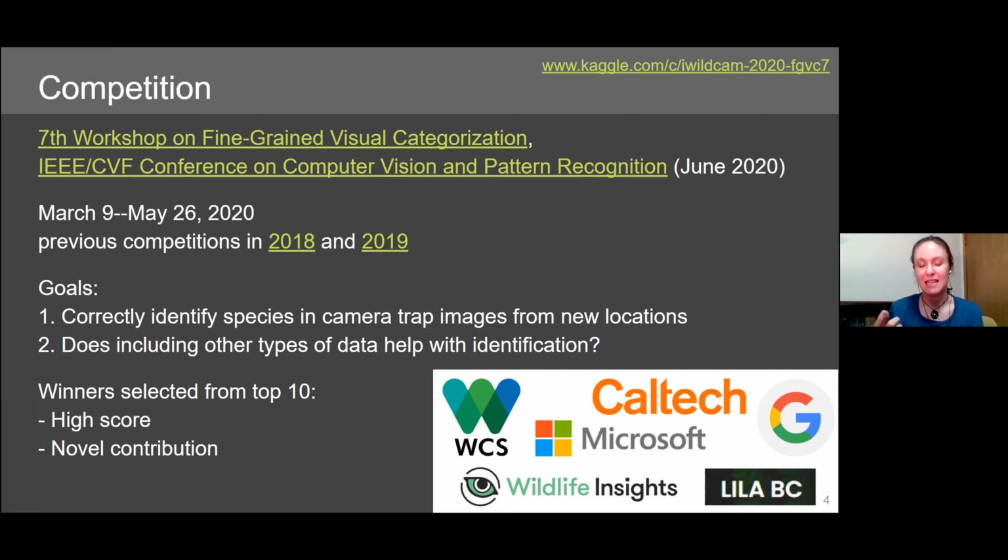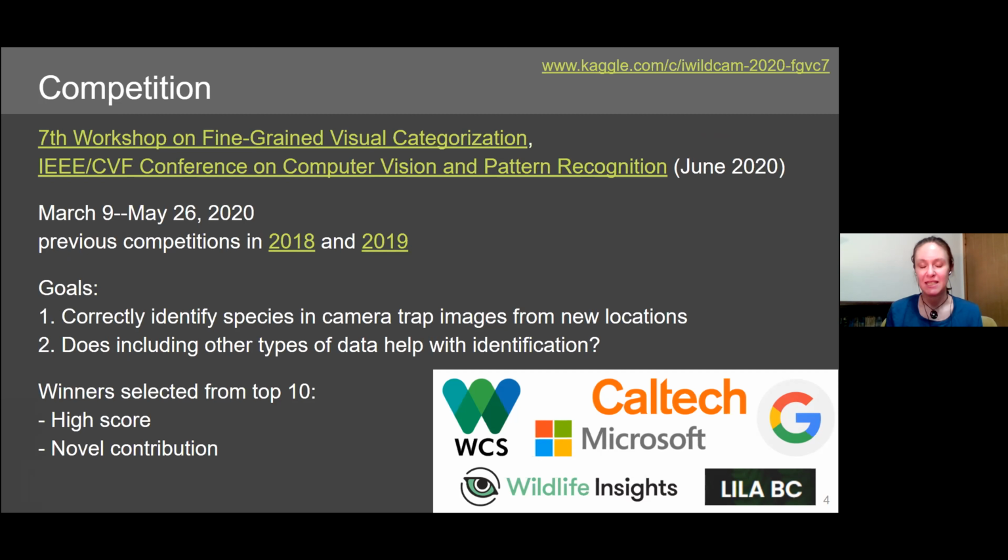In 2019, you should identify the species of the animal, and they added some extra modalities of data that the participants could use. Both of those were limited to North American locations. So in 2020, they expanded the locations to include worldwide locations. Participants should identify the species in the camera trap images. You don't have to say a probability, but just identify the species.